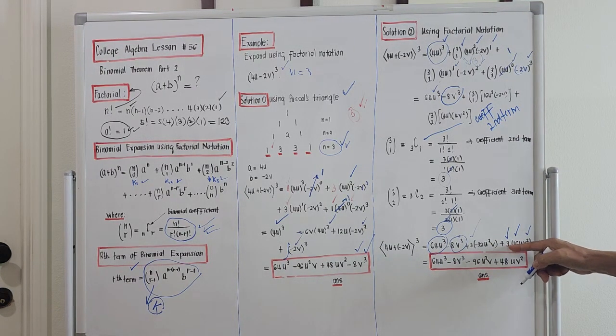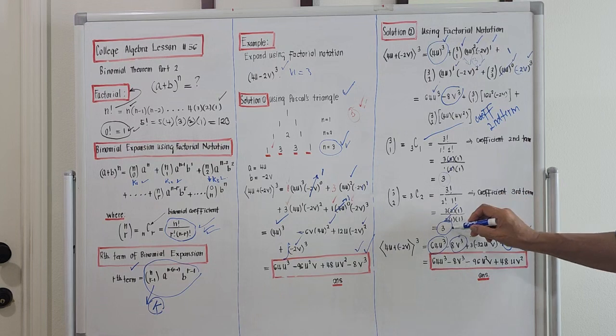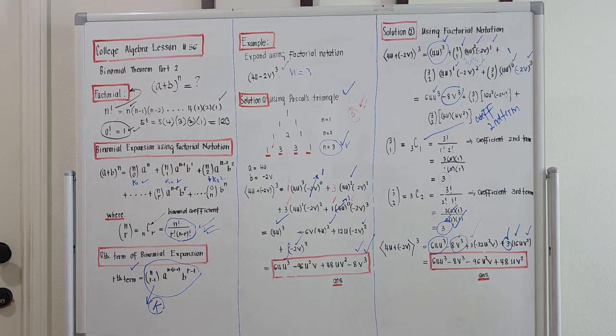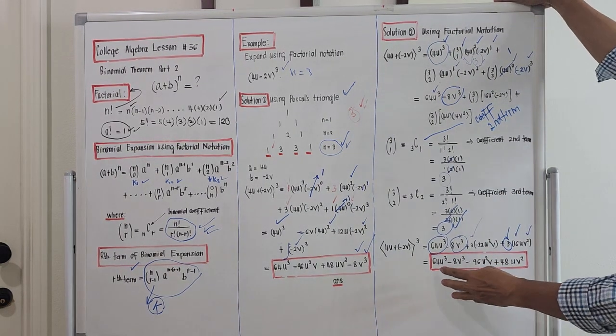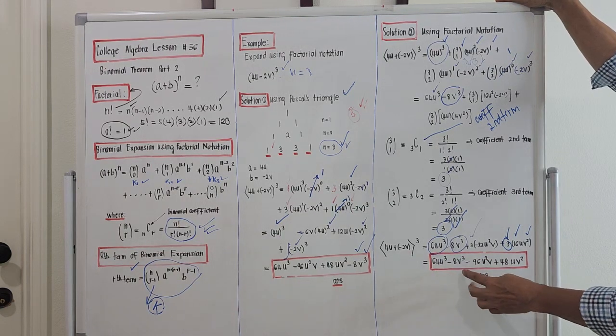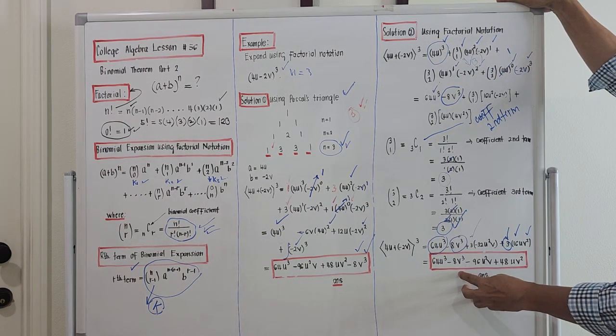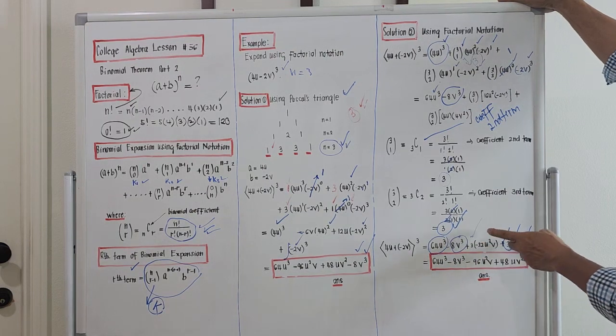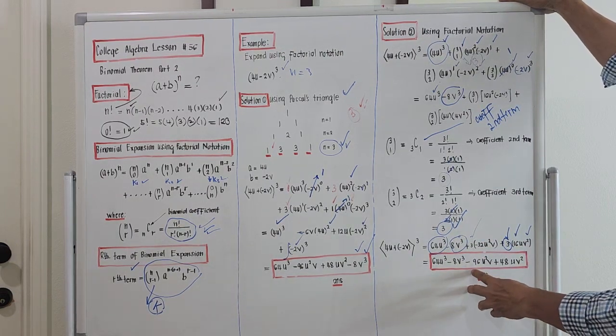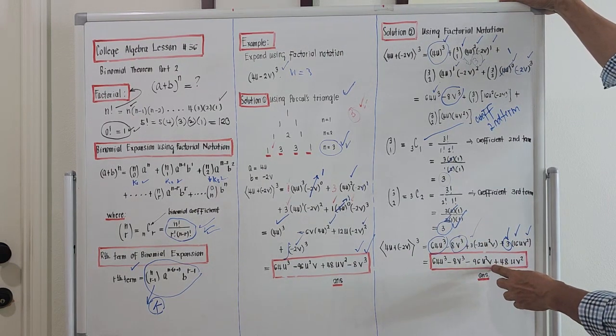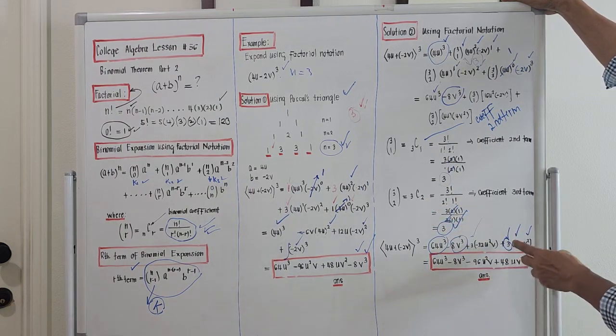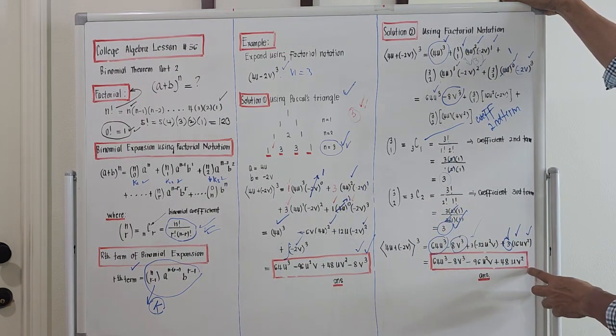But this is to be multiplied by 3 because this 3 here is this one. If we simplify now, it will be 64u cubed minus 8b cubed. 3 times negative 32 will be negative 96u squared b. And the third term is 3 times 16, which is 48ub squared.